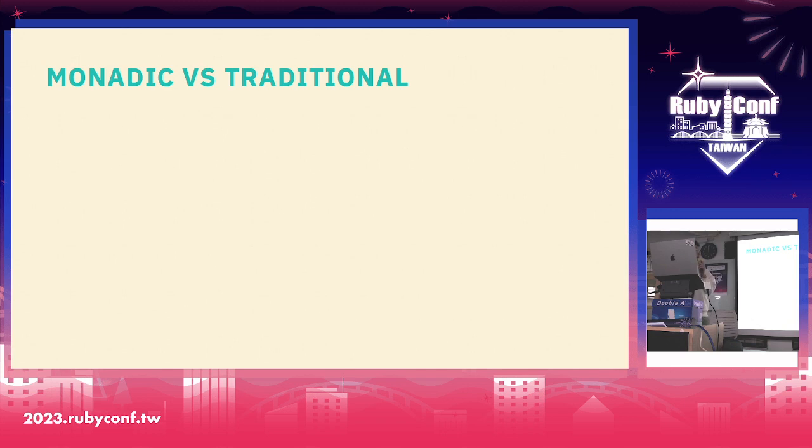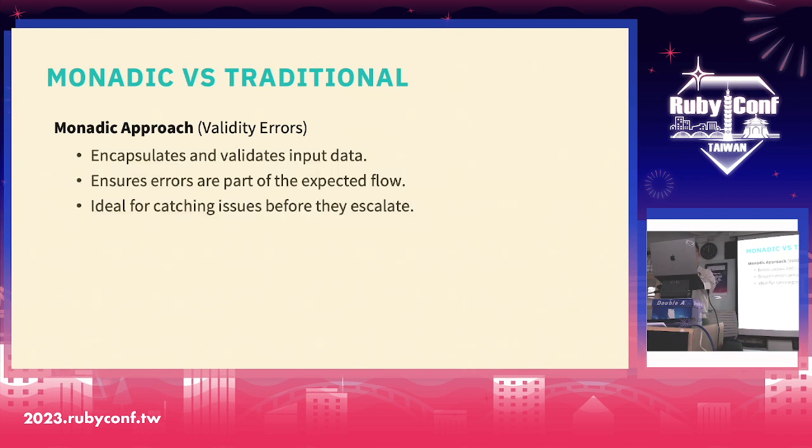Comparing monadic and traditional exception error handling, the monadic approach's strength is in validity errors. It leverages encapsulation to manage predictable issues with the input data. It provides a structured way of moving our flow from one state to the other, so our errors are handled with an expected value.